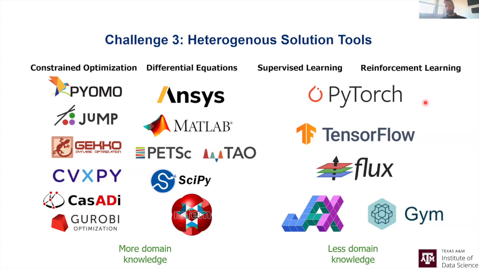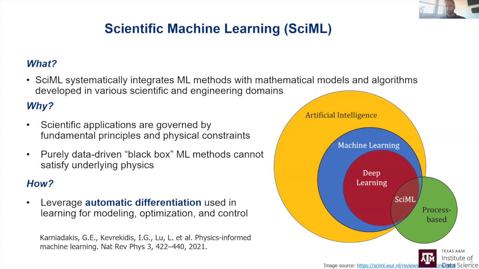But what we see more recently is that pure black box approaches have limitations. You need to have a large number of labeled data sets, and it's very hard to satisfy physical constraints that are necessary for safety critical systems that are often present in critical infrastructure. So the potential answer to resolve these issues is so-called scientific machine learning that systematically integrates machine learning methods with mathematical models and algorithms from traditional engineering domains.